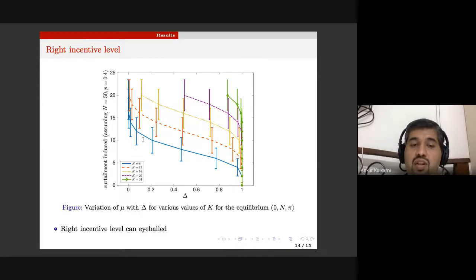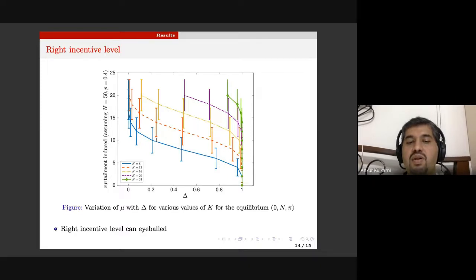If your incentive is too good, then suddenly you also get a steep increase where pretty much all players begin to curtail. So the optimal incentive that you want is somewhere in between. The right incentive level can be eyeballed by looking at how much curtailment you want. Suppose you want 10 people to curtail, then what is the incentive that you need to have? And if you want 15 people to curtail, what is the incentive you should have?